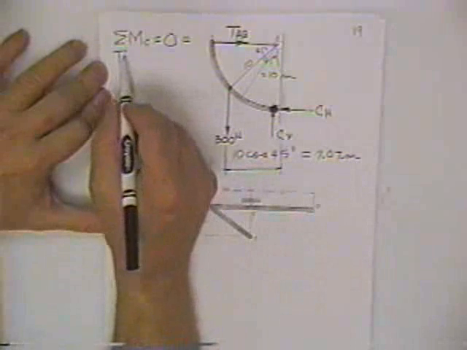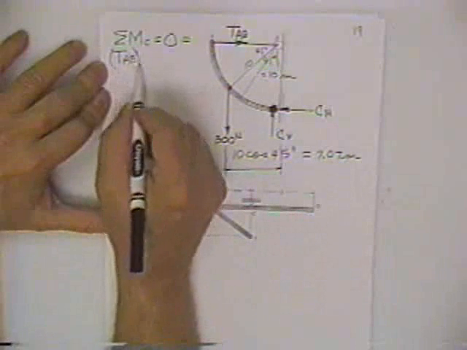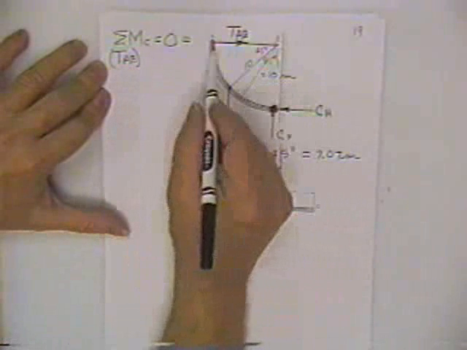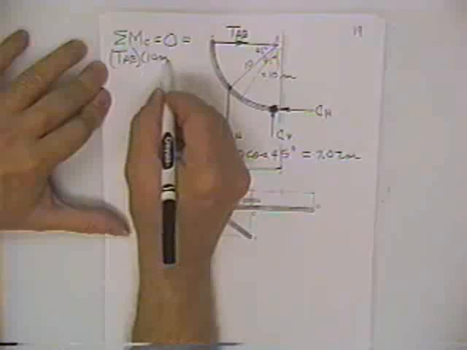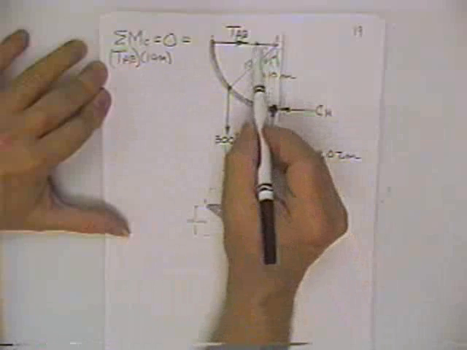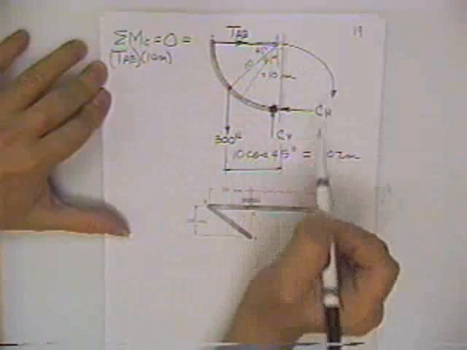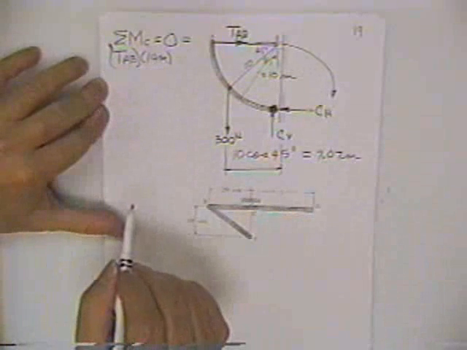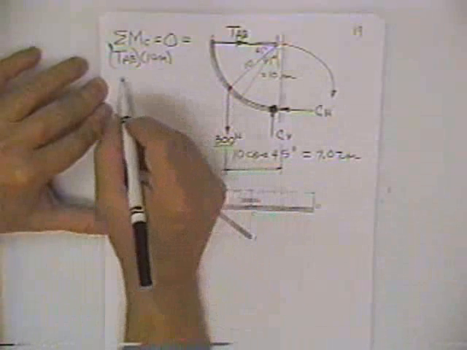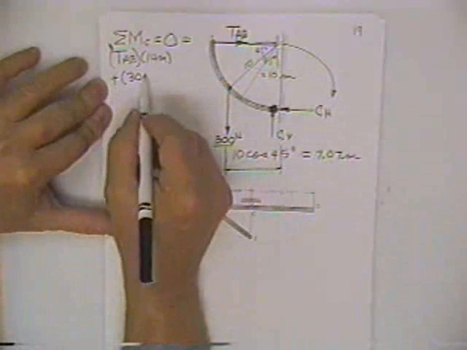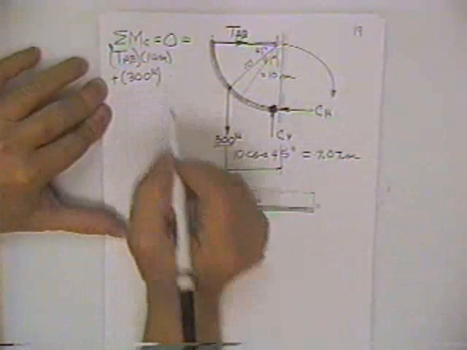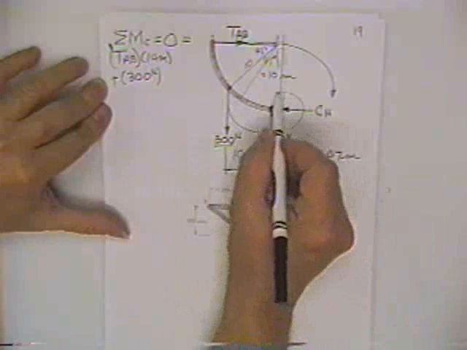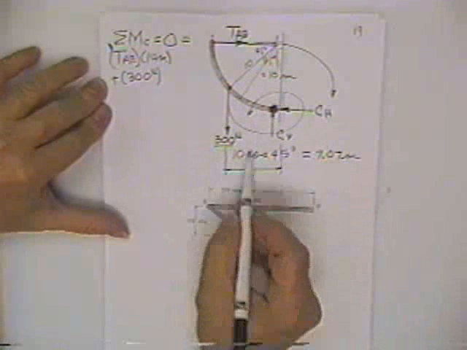It is equal to the tension force in member AB multiplied times his moment arm. That's a 10 meter moment arm. His tendency to roll about point C, were he to get away from me, would be this direction. That's a negative tendency to roll. Then we have plus a 300 Newton weight, and I say plus because were it to get away from me, it's going to go this way.